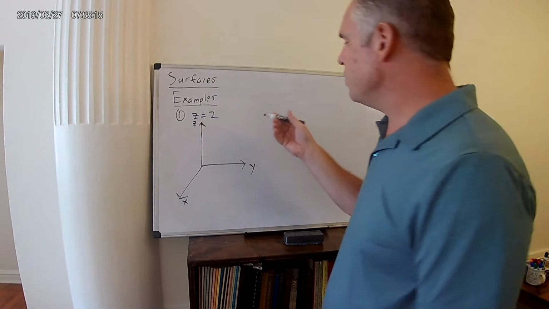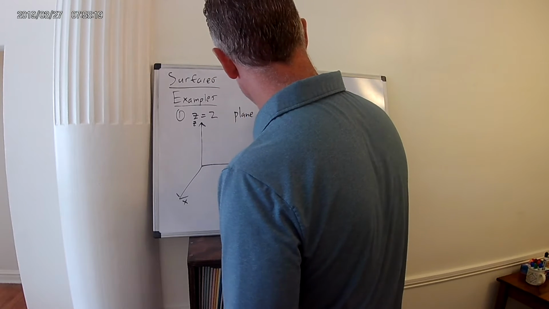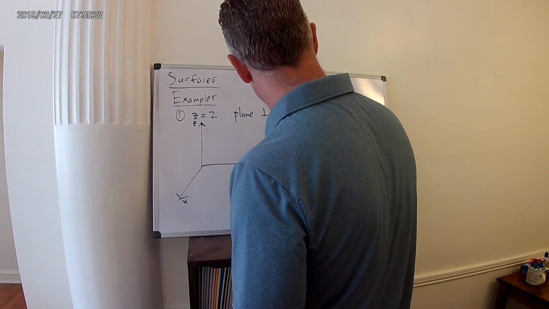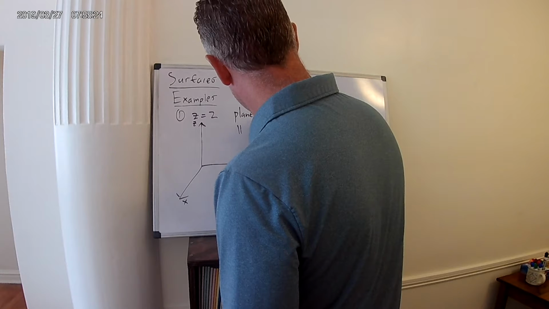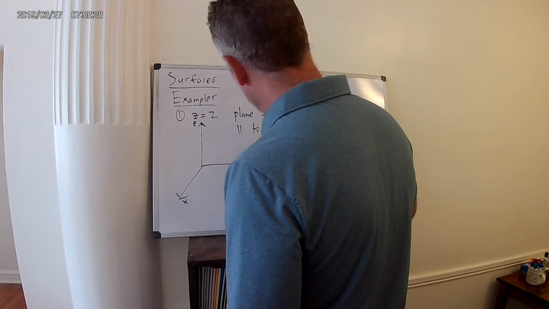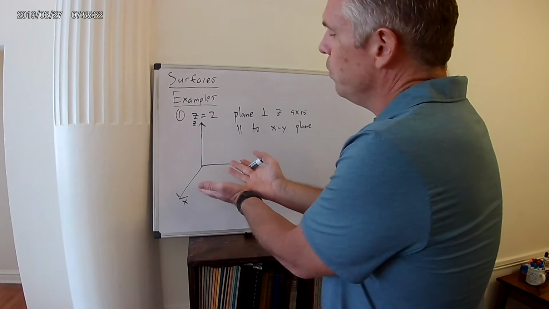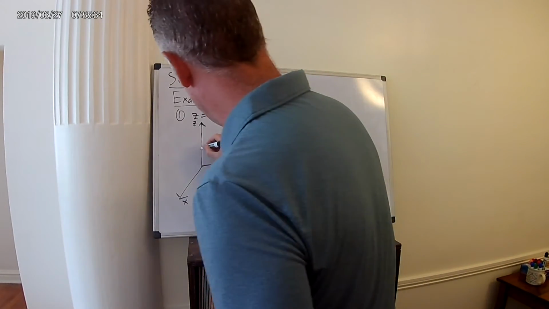Well, what this defines is a plane that's perpendicular to the z-axis, that's parallel to the xy plane. The only difference between this plane and the xy plane is this plane includes all the points where z equals 2.